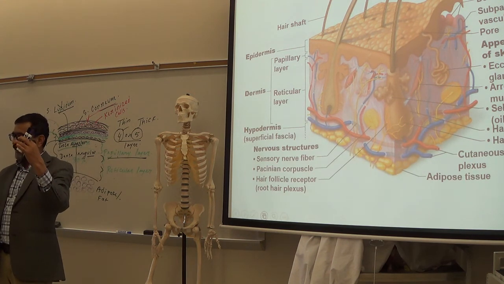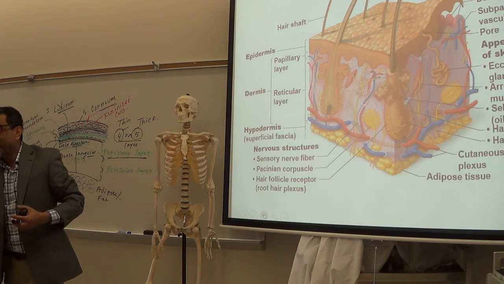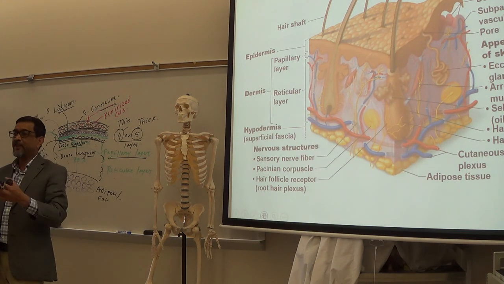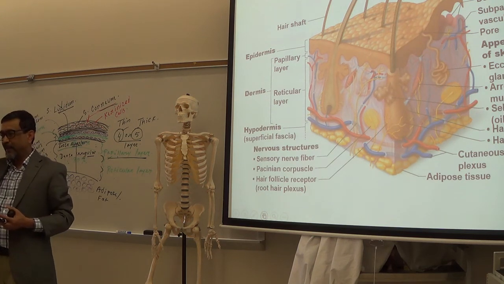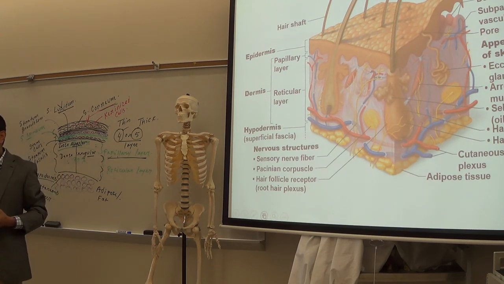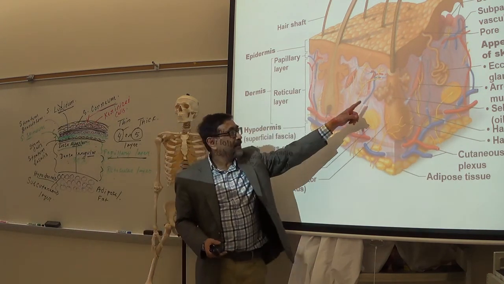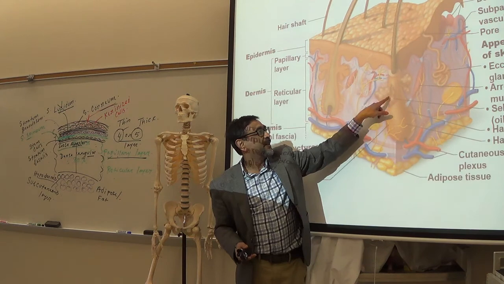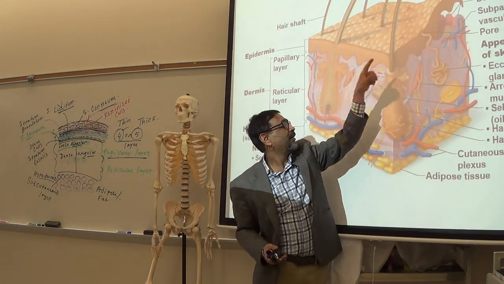Make sense? Is that where our hair gets oily? Oily, yes, oily secretion. Sebaceous glands secrete oily secretion. That's why the hair is oily. So that is important. This gland, sebaceous gland, secretes oil-like secretion.